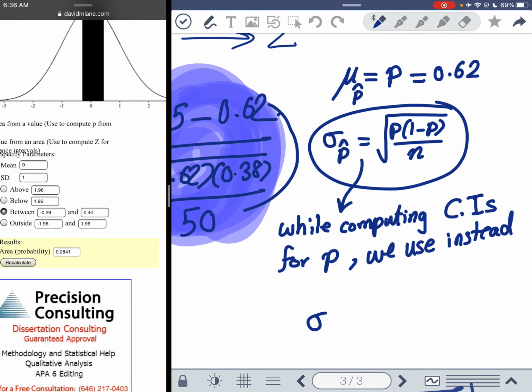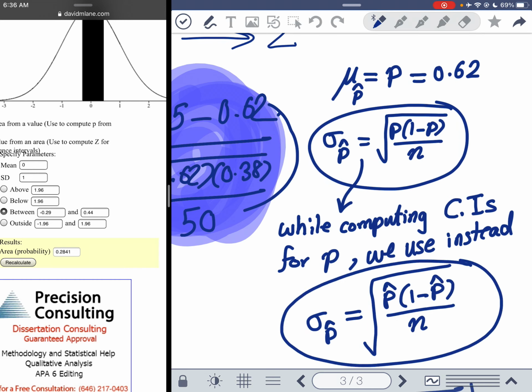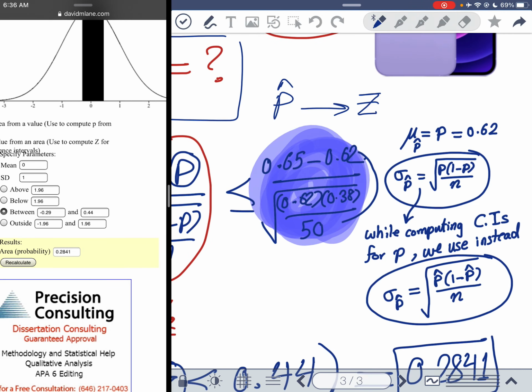Instead, we will say the standard deviation of the sampling distribution, because we don't know p, but our sample gave us p hat. So this is why you see p hat there. We replace p by p hat, even though it's not the right formula, but we don't have any other choice but to replace it. Okay, this is a very important remark.